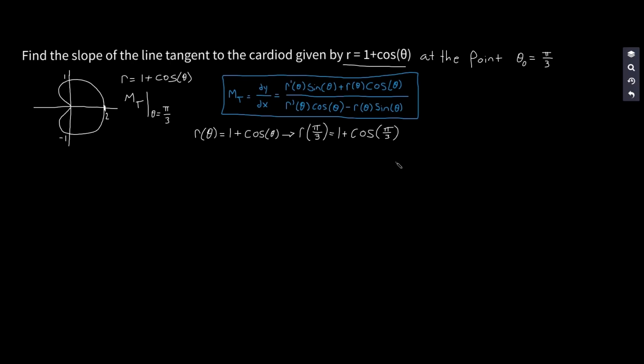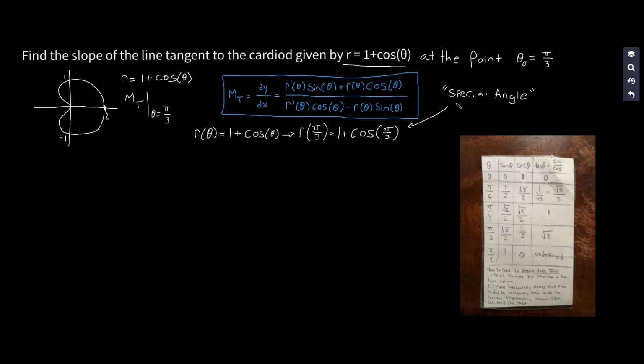And so this is a special angle. There are a few special trigonometric angles, mainly for sine of theta, cosine of theta, and tangent of theta, which is sine over cosine.